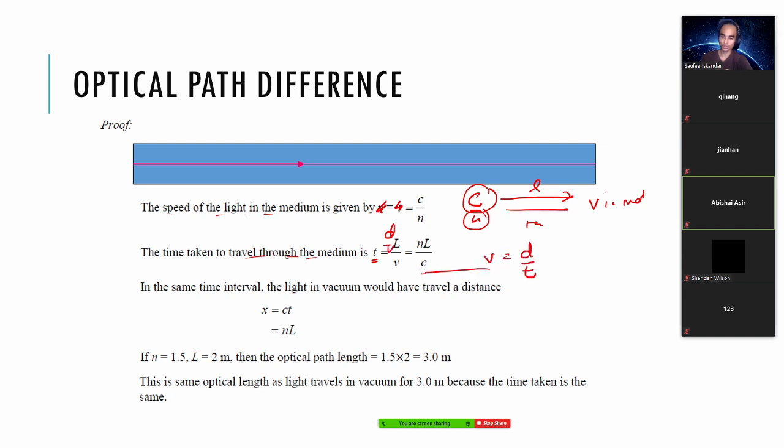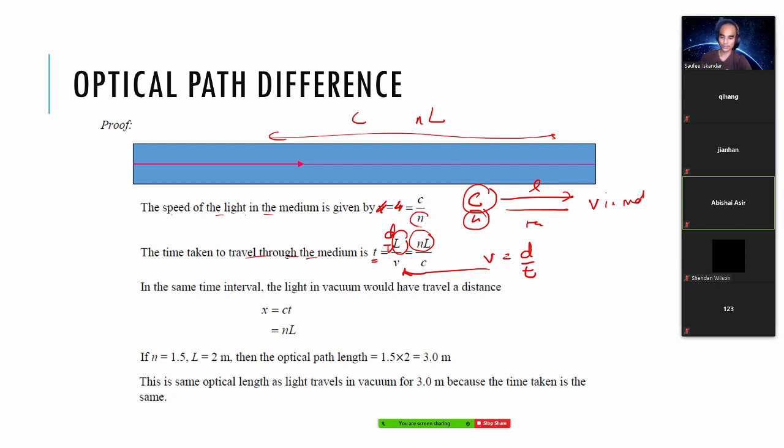So with distance L, t equals L over v, and with v equals c over n, the whole thing becomes nL over c.